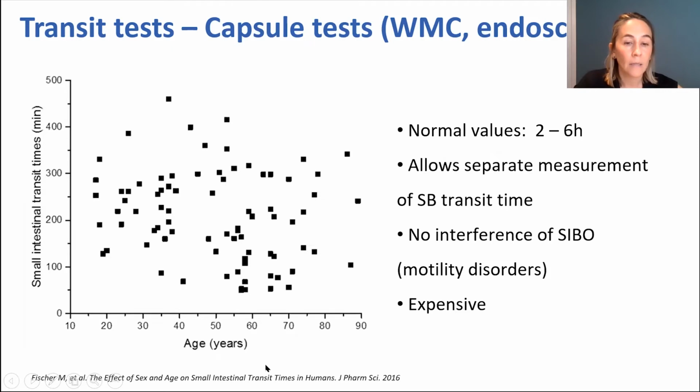In this study, they measured transit time in patients of a wide range of ages, and as you can see, the capsule took between 1 hour and 6 hours to complete the small bowel. It does have the advantage that it allows separate measurement of small bowel transit time, so we don't have the problem with gastroparesis, we don't have the problem with SIBO, but this test is quite expensive compared to the other transit tests we mentioned before.